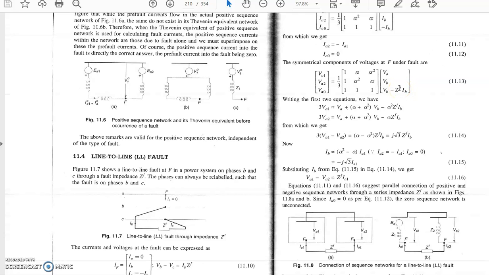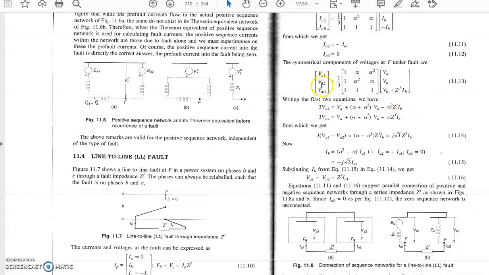Now we solve this equation. 3VA1 equals VA plus alpha VB plus alpha square VB minus alpha square ZF IB. So if you solve this, it becomes 3VA1 equals VA plus alpha square into VB minus alpha square into ZF IB.